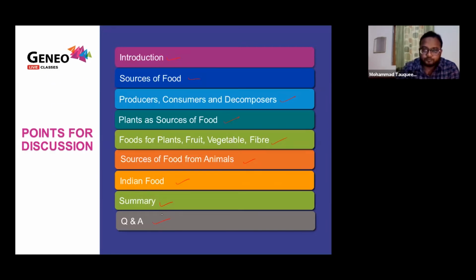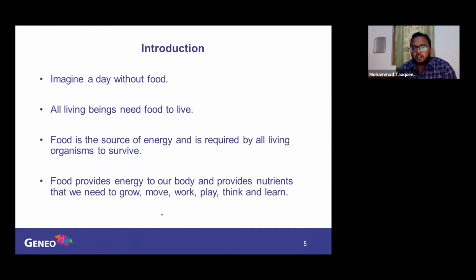So let's move. This is the introduction. Do you imagine yourself without any food? I think no. Many of you have seen that many babas have taken samadhi. They never take food, and day by day their energy is getting reduced.